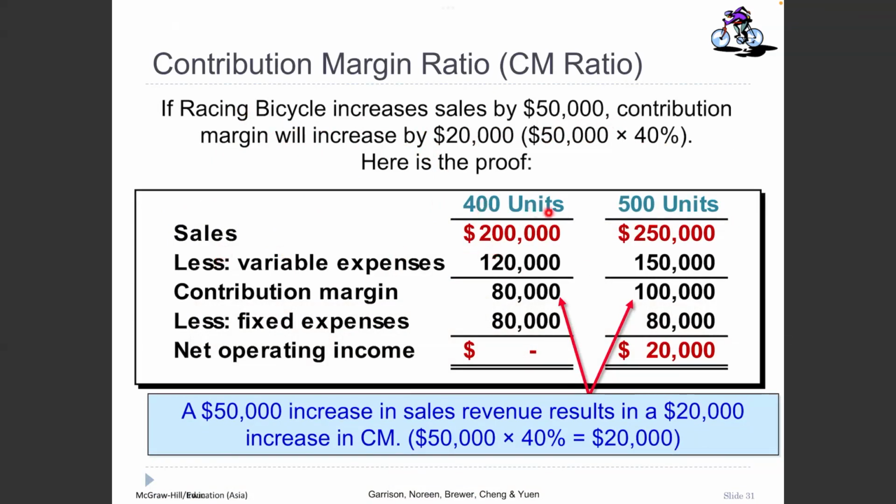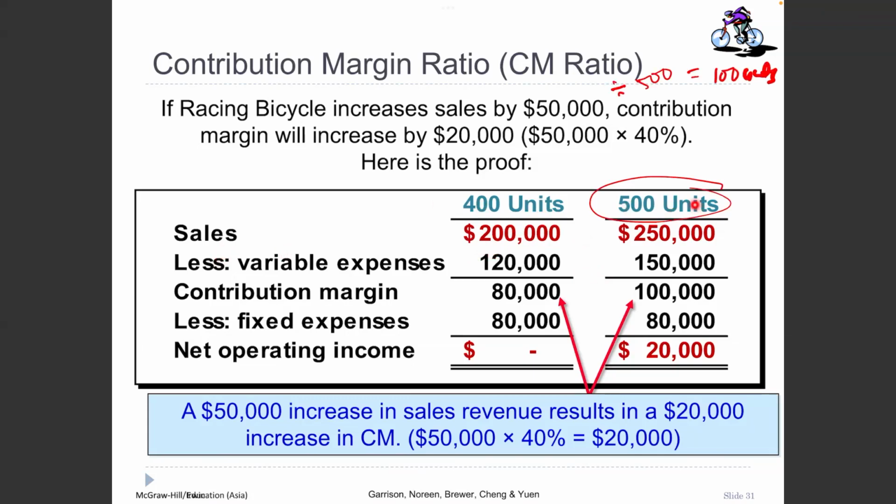Sales of 400 units is $200,000. So $50,000 divided by 500, which is the selling price, means they are selling 100 units more. That's why this is 500 units. So to get $250,000 sales, you need to sell 500 units.